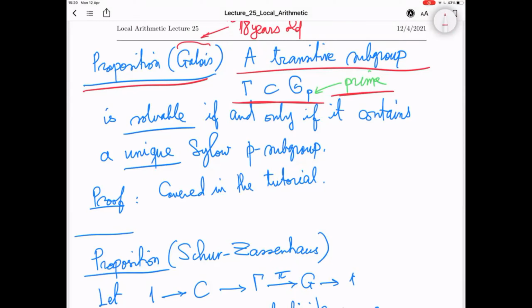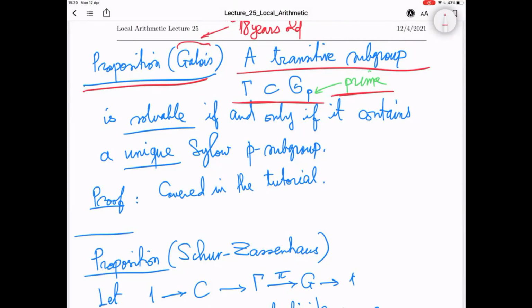Then he gave a criterion in terms of his Galois theory that an extension is solvable by radicals if and only if its Galois group is solvable. He defined what it means for a group to be solvable, right? And then proved that an extension is solvable by radicals if and only if the Galois group is solvable. I mean, I've sort of taken that as a definition just now.